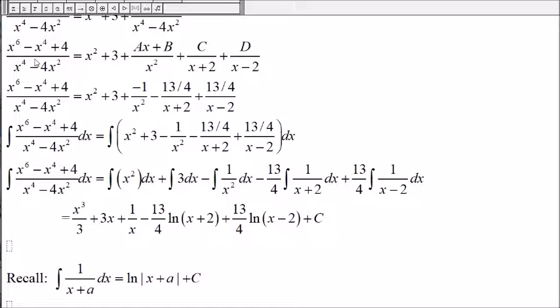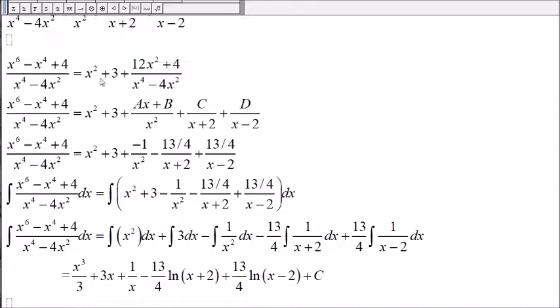And so earlier we divided, and then we ended up with x squared plus 3 plus (12x squared plus 4) over (x to the 4th minus 4x squared). And then we decompose this right here. And we end up with A is 0, B is negative 1, so we get negative 1 over x squared.